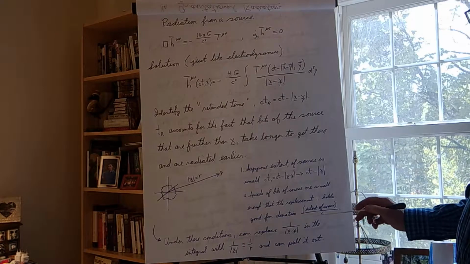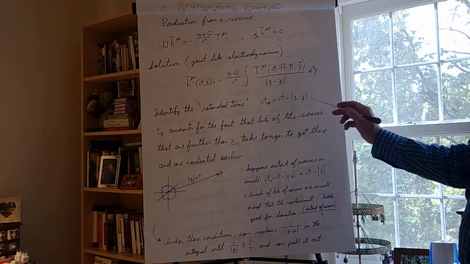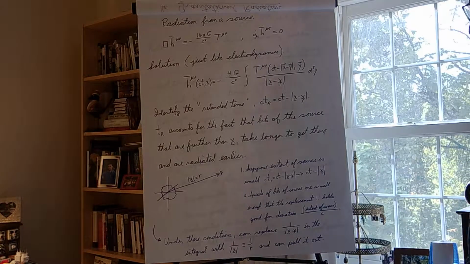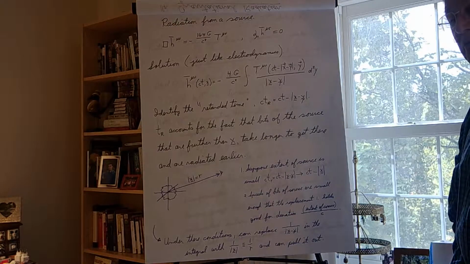Under these conditions, you can replace this distance by just the distance from the origin, and you can pull it out. And that's all I do. I just pull it out, and then the rest of the problem is done correctly.